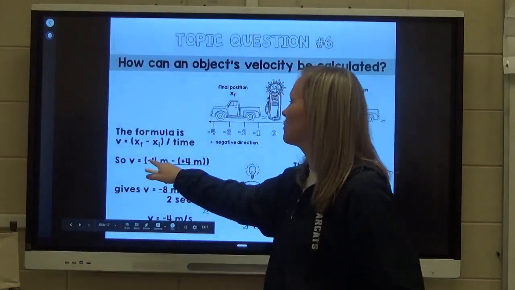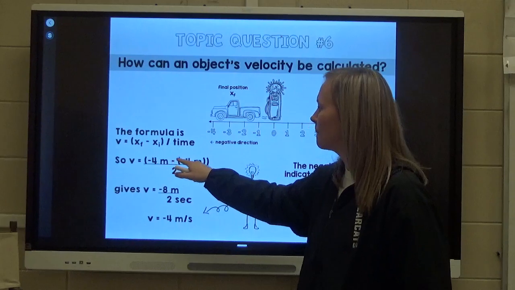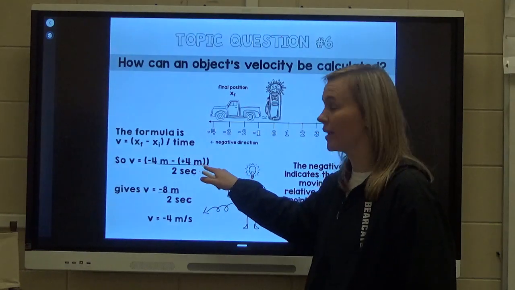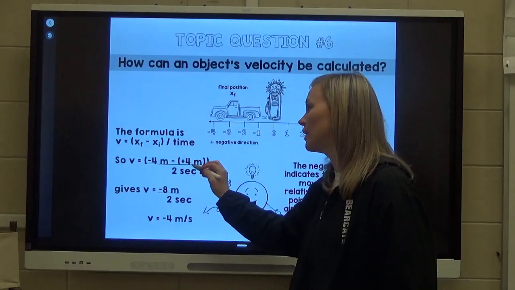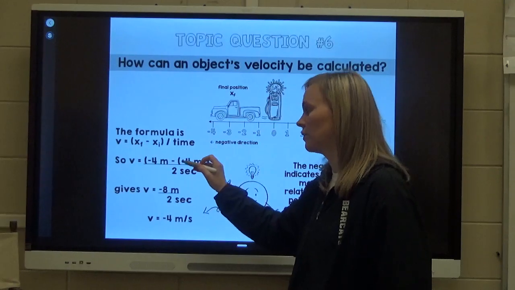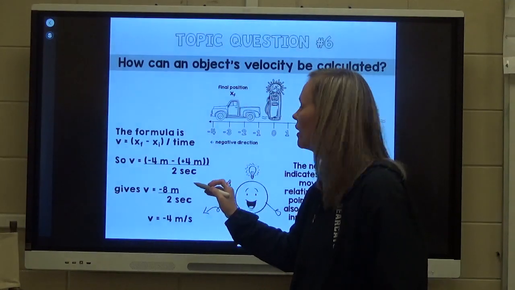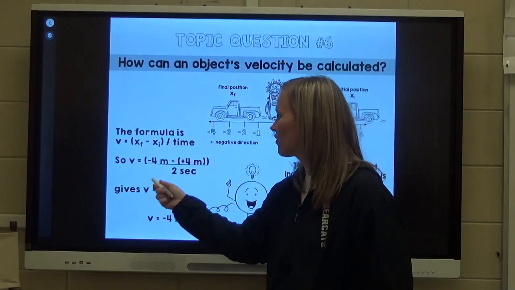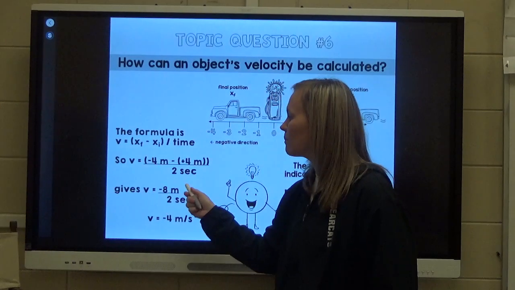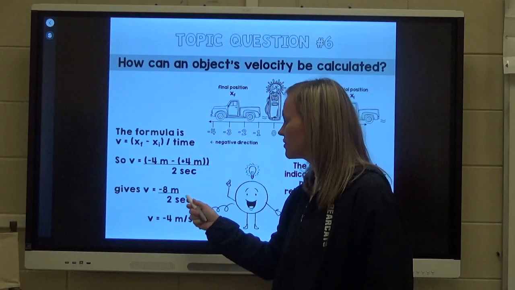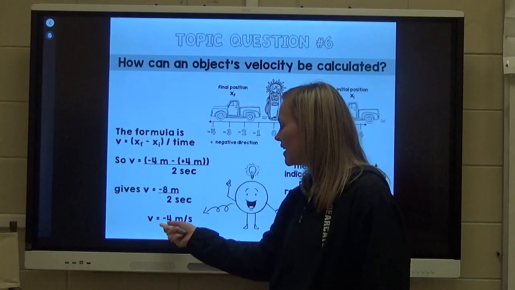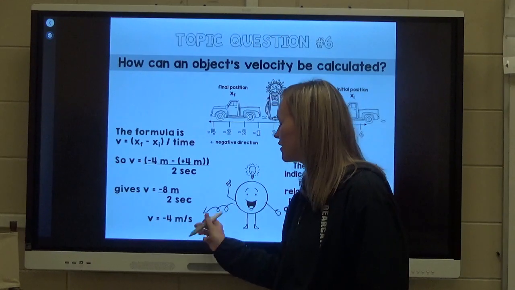So velocity equals -4 meters minus a +4 meters. When you minus a plus, it's just -4 minus 4 meters, divided by 2 seconds. So velocity equals -8 meters divided by 2 seconds. So our velocity is -4 meters per second.